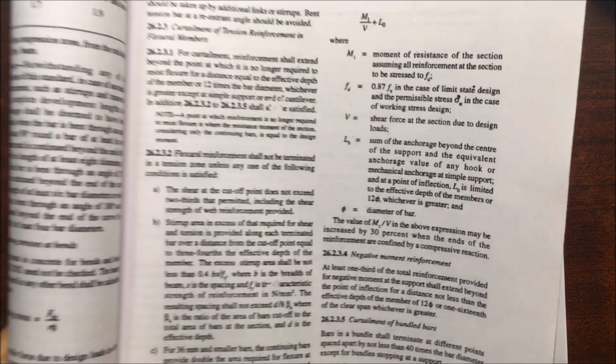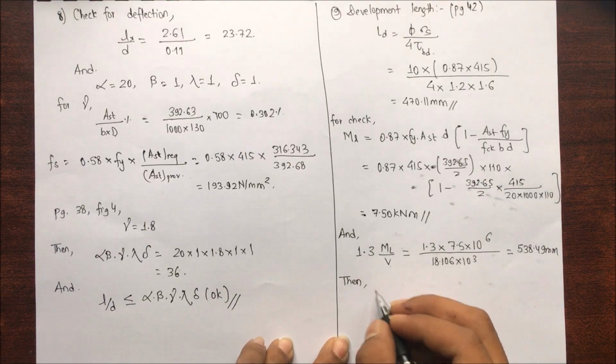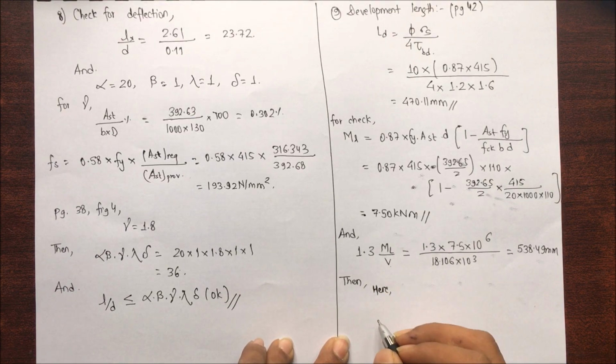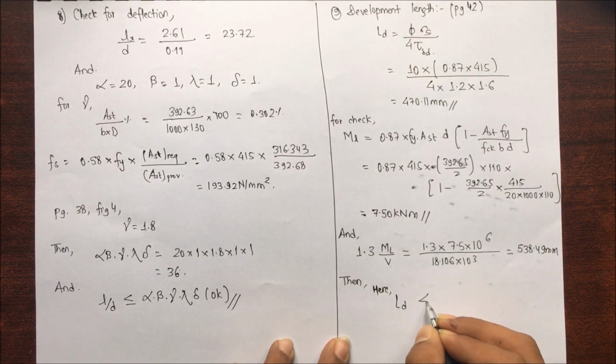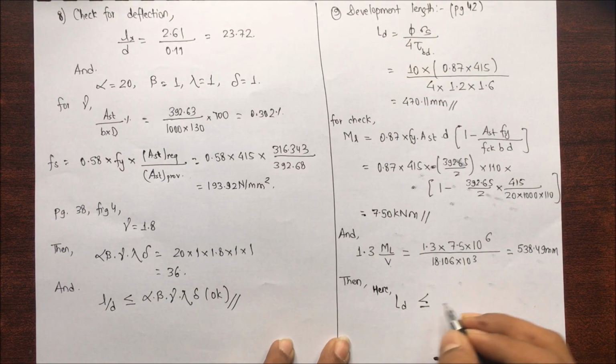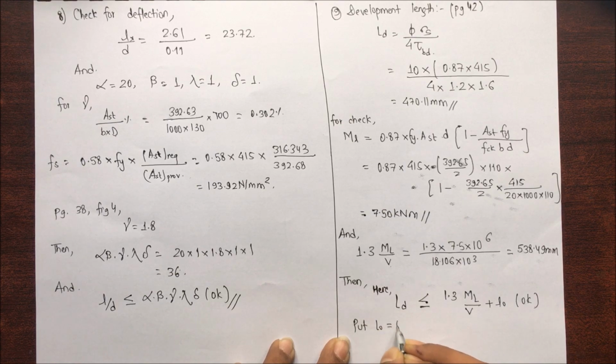So the value of M1 by V in the above expression may be increased by 30%. Here LD is less than 1.3 M1 by V, so there is no necessity of addition of the anchorage length L naught. So L naught can be taken as 0.